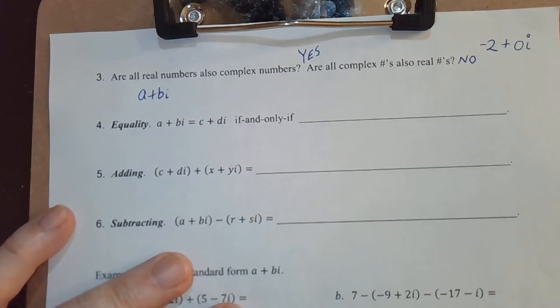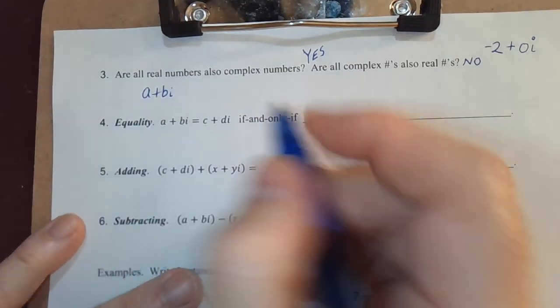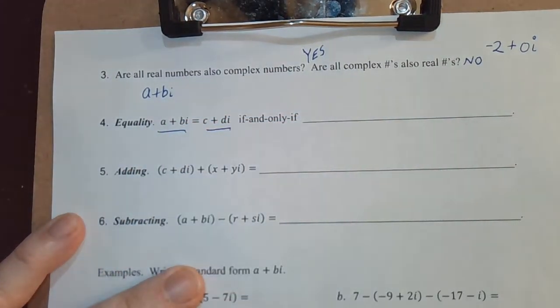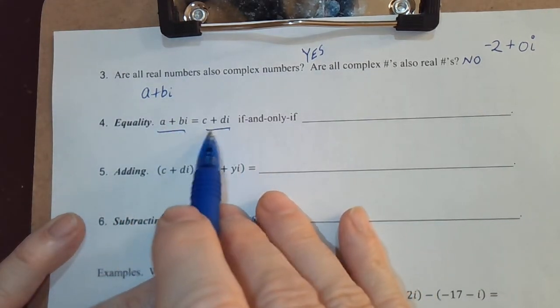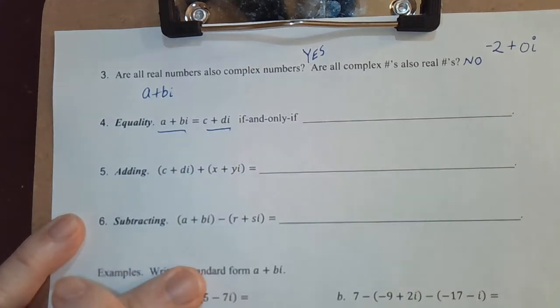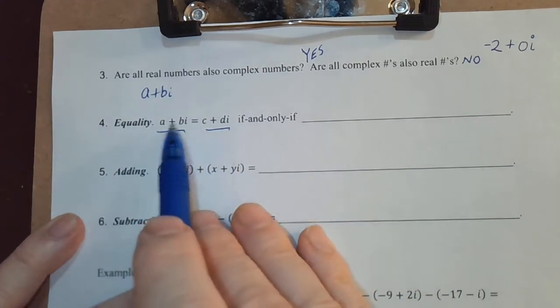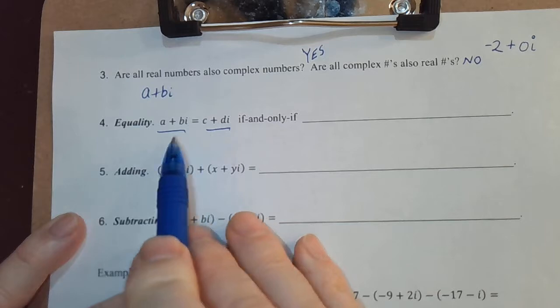Okay, so how do you tell if two complex numbers are equal? Here we go. We have two generic complex numbers, a plus bi, and then c plus di, which just means that c and d are real numbers, as are a and b. When do you think those would be equal?